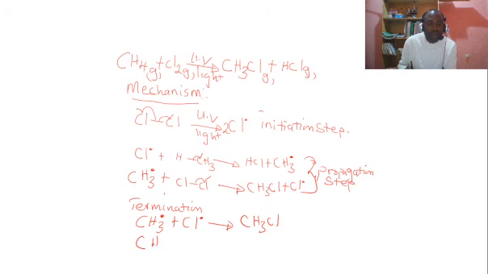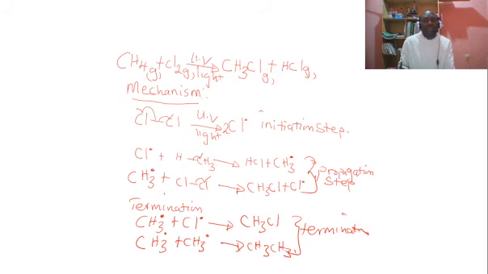You can also have CH3 plus CH3, which is going to give us C2H6. You see, this is your termination step. Now you see how incredible the writing part is.